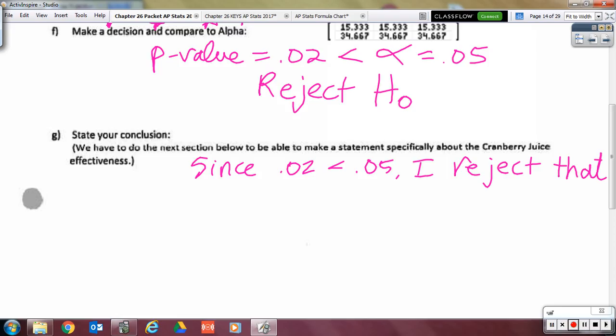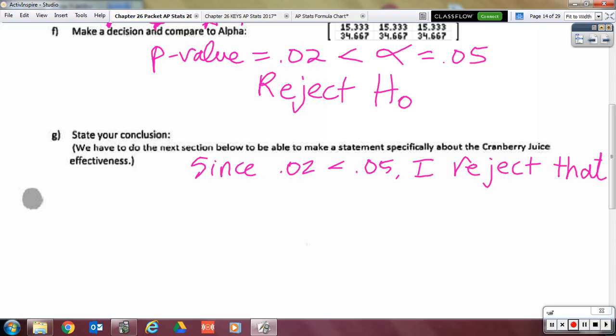Okay. And at this point, I want to take just a moment and have your brain think about this, because this is where I sometimes get people putting the wrong thing here. Okay? So you're rejecting H0. What does H0 say? Are you rejecting that the rates are the same or that the rates are different?